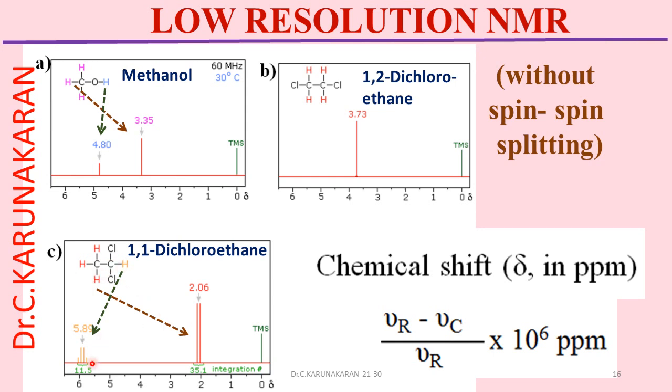We'll see this further. Therefore, it is a quartet signal with chemical shift value 5.89. The CH3 protons split into a doublet because of spin-spin coupling with this proton, n plus 1. Therefore, 2 splits into a doublet in a 1:1 ratio.